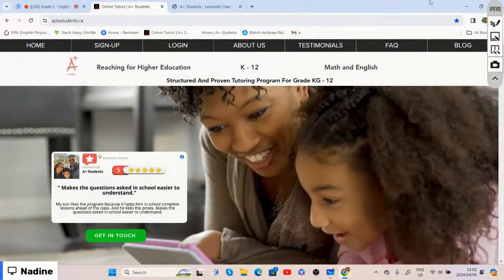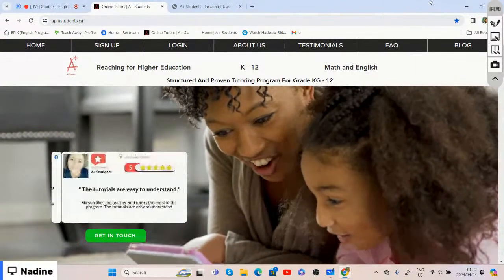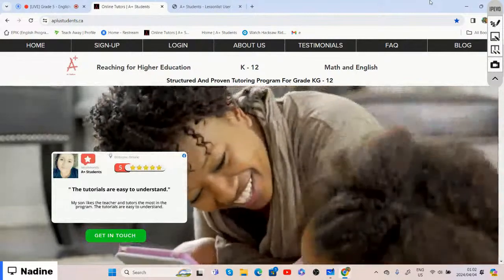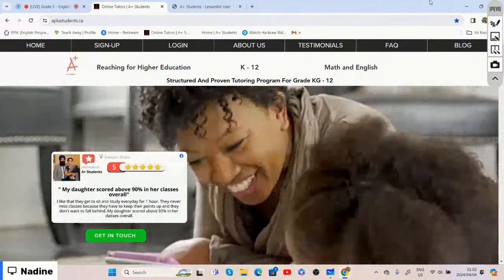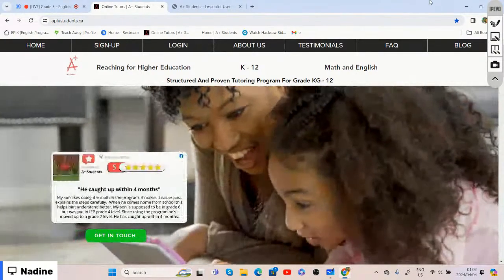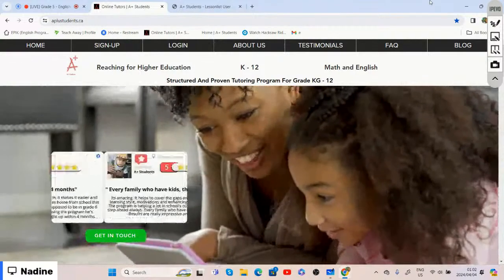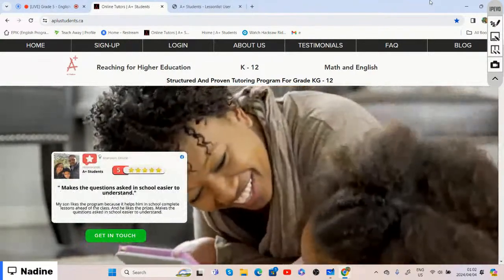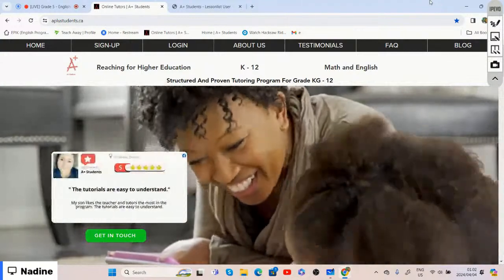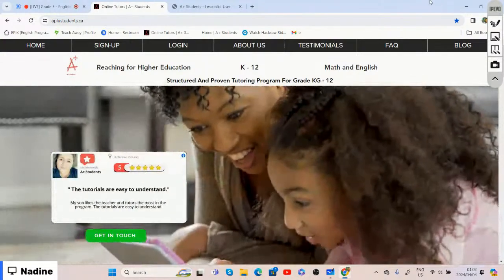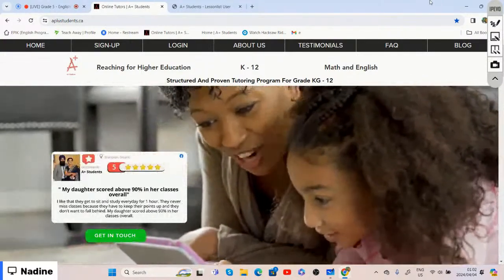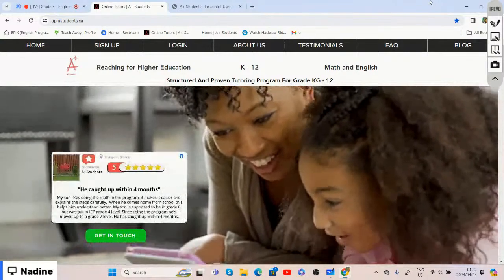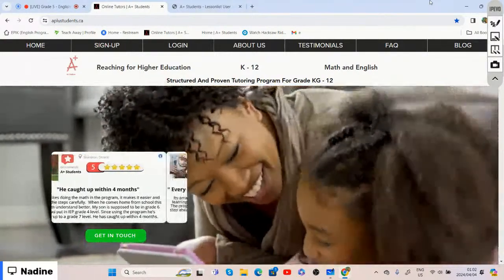Once you've logged on to aplusstudents.ca with our username as well as our password, we're going to select the subject of language arts, grade 5.